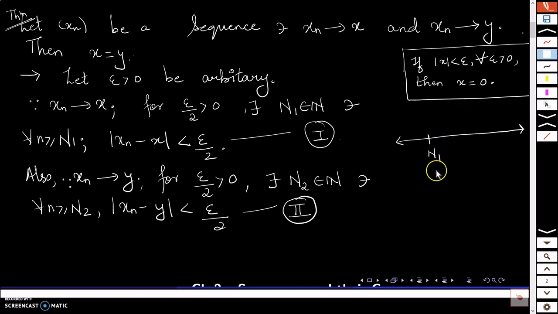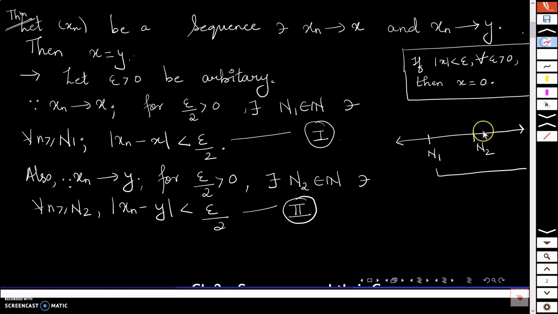So for all these numbers here which are bigger than or equal to n1, the first statement works. Now let me come to the second statement. In the second statement, I have a natural number n2. It will be somewhere on the number line, either less than n1 or bigger than n1. I'll just assume that it is somewhere here.